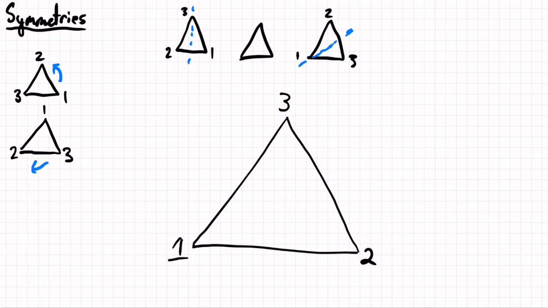It's just reflecting across this other one, and my vertices will be, well, let's see, 1 and 3 will be flipped, 2, 3. And last but not least, I have the identity symmetry. Do nothing at all. Well, okay, it looks like it did when I started with, but that's pretty trivial. But we're going to need an identity if we want to have some sort of a group, as we know from the axioms.